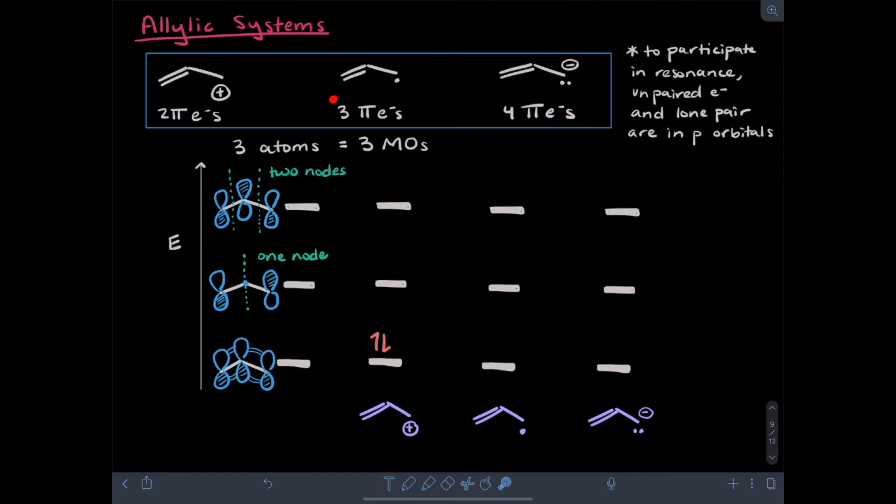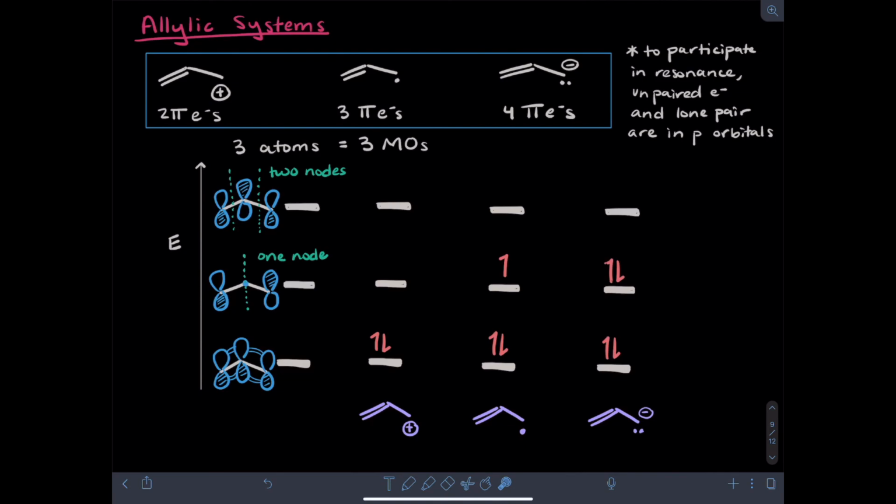My allylic radical has 3 pi electrons. This will completely fill the lowest energy orbital, and I'll put the 3rd electron in my middle energy orbital. And when I get to the allylic anion, I have 4 pi electrons. When I fill these 4 electrons into my diagram, filling up from the bottom, I get filled lowest and middle energy orbitals.